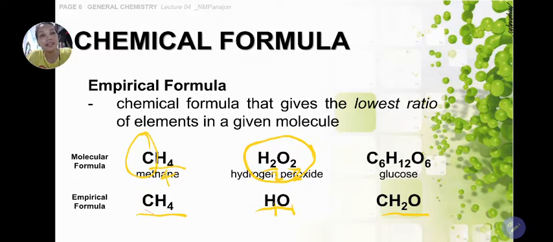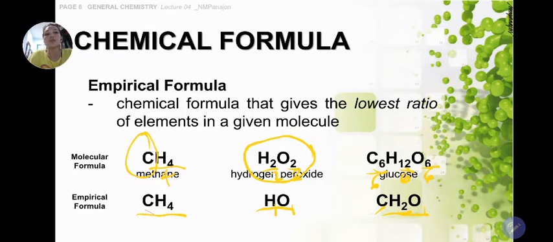Basta walang nakalagay na number na subscript, it means the number of atom is 1. And then, for example, here in glucose, we have C6H12O6. If we divide all of the subscript numbers by 6, we will get 1 atom of carbon. And 12 divided by 6 is 2. We have 2 atoms of hydrogen. 6 divided by 6 is 1 atom of oxygen.